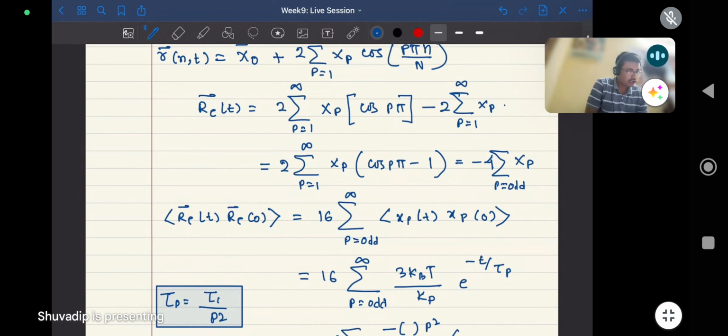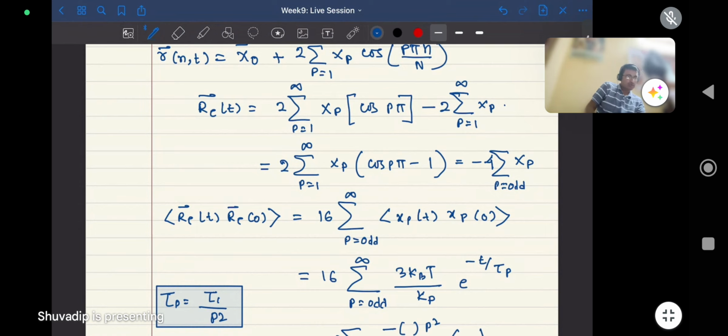There are other terms also, but I am only interested in the power of the exponential, because that will be the most dominating. p is only odd, so first p is equal to 1, and the next is p equal to 3, which will give you an exponential of minus 9, which is a very small term. So the most contribution of this term will come from p equal to 1.